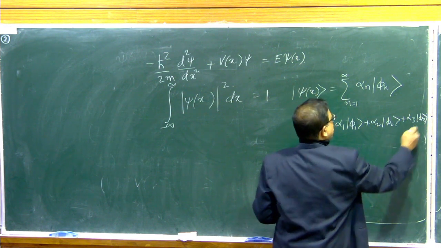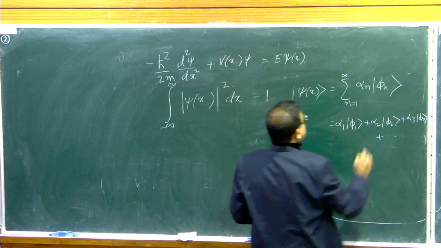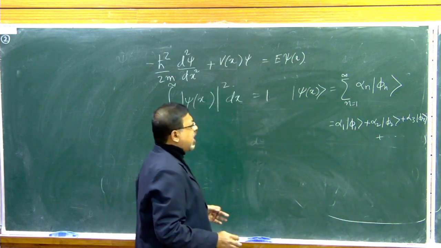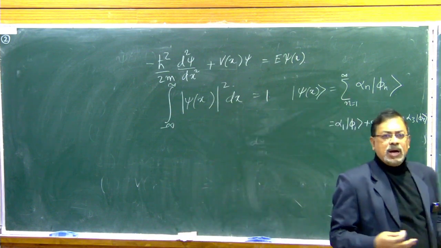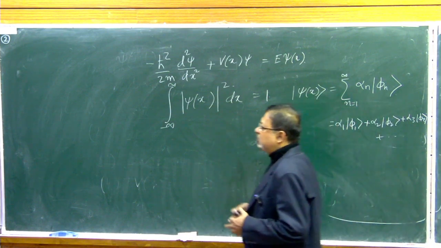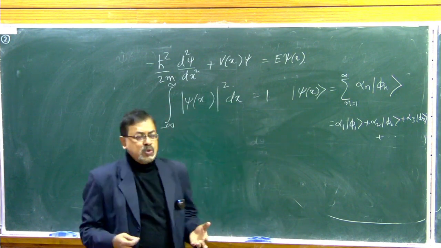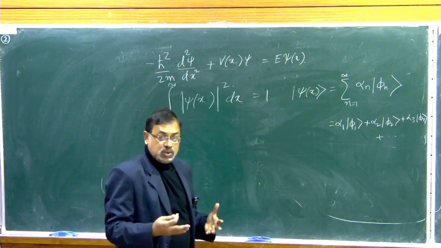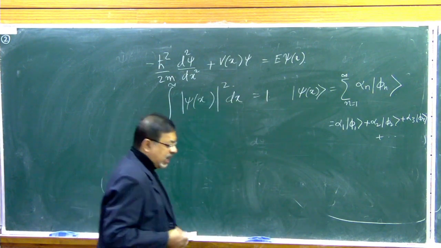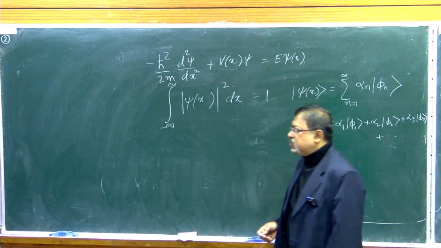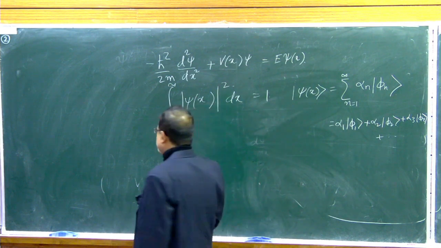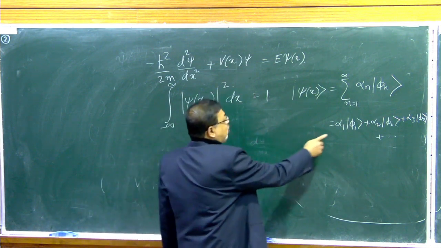It goes to an infinite number of terms, and when you try to calculate a certain observable, the value of that observable comes as an eigenvalue, so to say. So when a measurement is done on a system, the result comes with a probability which is the mod square of this.